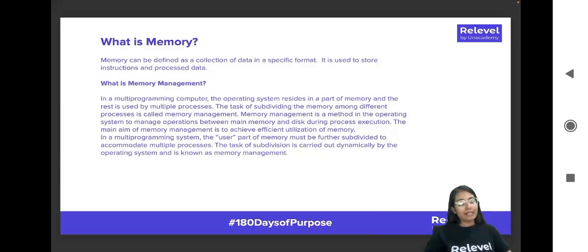What do we mean by dynamically? As and when the request comes, as and when more processes come into the system, we keep on subdividing the memory, and this kind of process is known as memory management.